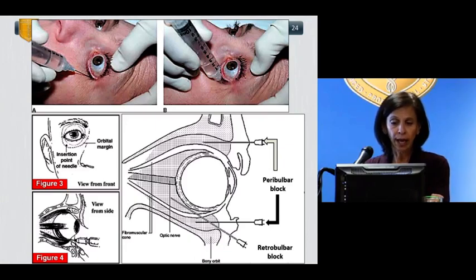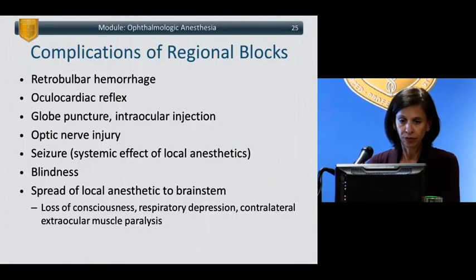Retrobulbar is angled behind the globe, peribulbar is straight in alongside, either top and bottom or left and right, or temporal and nasal.